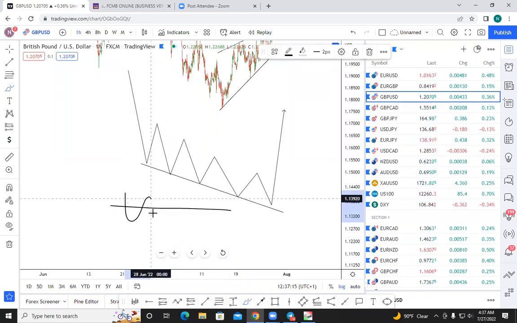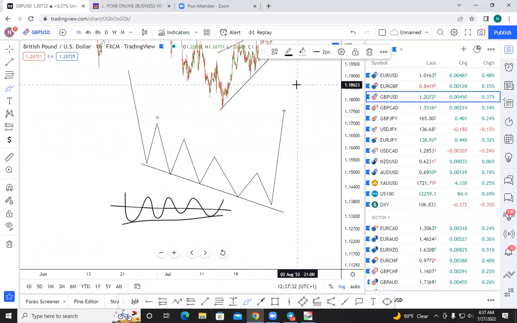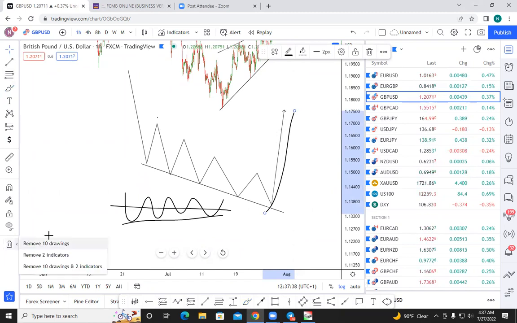Okay, you want to see whether you have something like this. Can you see, as this one is making a higher low, this one is making a lower low. Okay, so that is a divergence. So once it happens like that, good, you know that this move to the upside is non-negotiable. This one is non-negotiable. The same thing, this is for a buy setup.